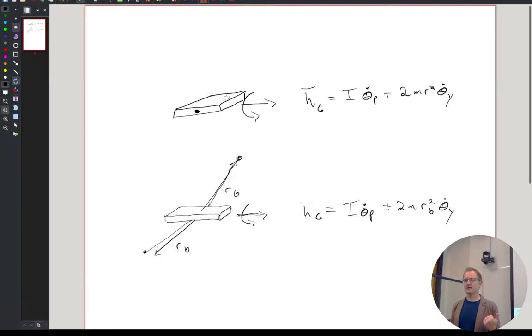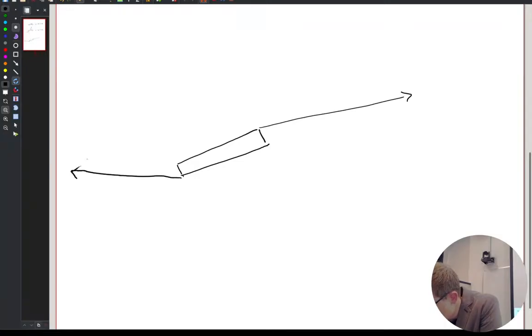There's also an equivalent way of thinking about this. If you think about forces and torques, what would that be? If we look at the payload from the front, we have tension and tension.